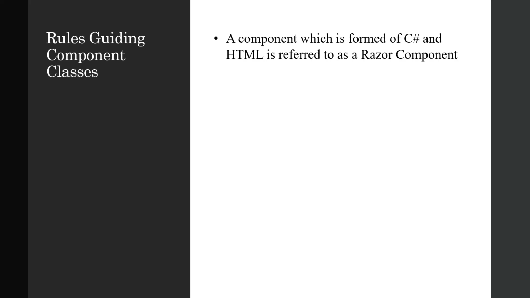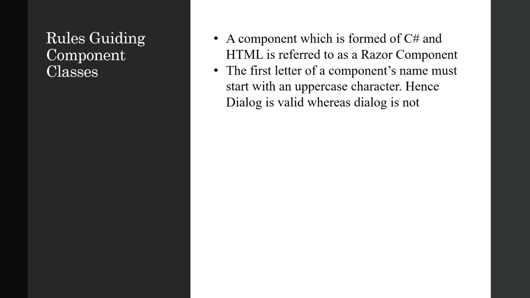Now we are going to discuss some rules guiding the component classes. You might have already used some of these rules without realizing that they are part of the Blazor rules. A component formed of C# and HTML is referred to as a Razor component. You probably already know that.